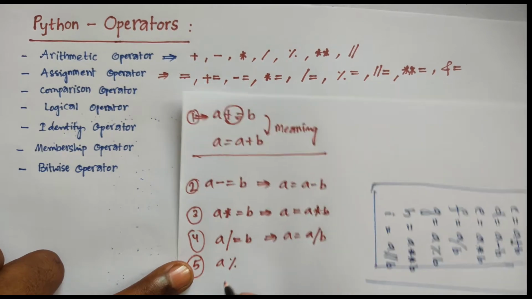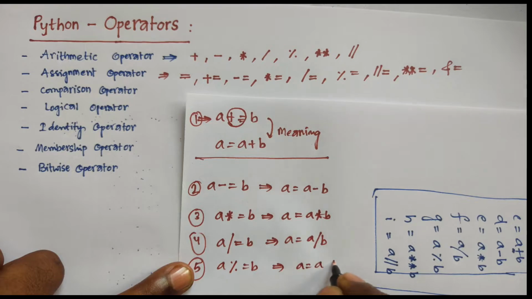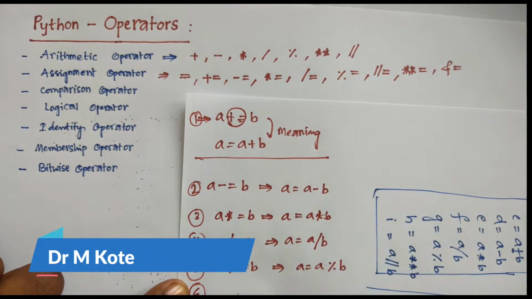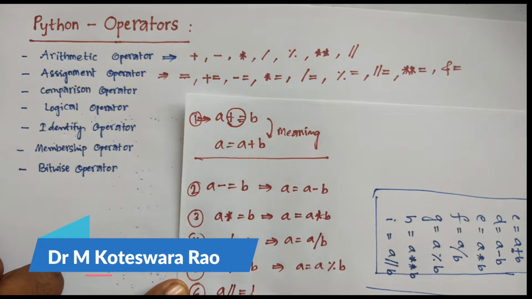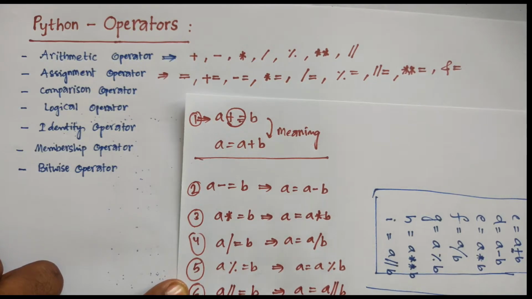And the fifth one, a modulus equal b, can be represented as a is equal to a modulus of b value. The sixth one is a double slash equal b, that you can represent as a is equal to a double slash b, that is the actual floor division.